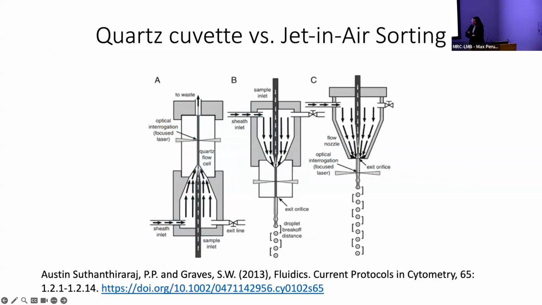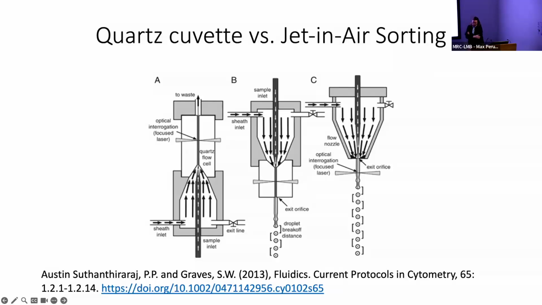There are several different types of cell sorters. The two main ones, of course, are the quartz cuvette-based sorter versus a jet in air-based sorter. The sheath fluid that's used is typically PBS because that's conductive, and it's a physiological saline, so good for cells. And that comes through, as I mentioned, hydrodynamically focused.